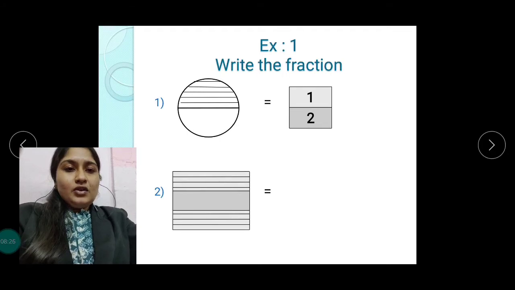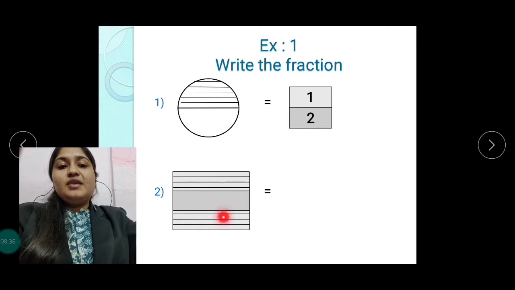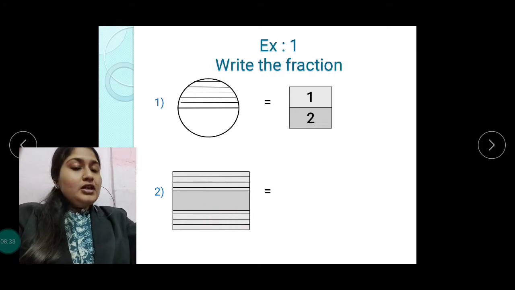Okay, so now the second one. Yes, the second one is a rectangle. A rectangle is divided into 3 parts. See, it is divided into 3 parts, right? And how many parts are shaded? 2. This first one and this third one, right?